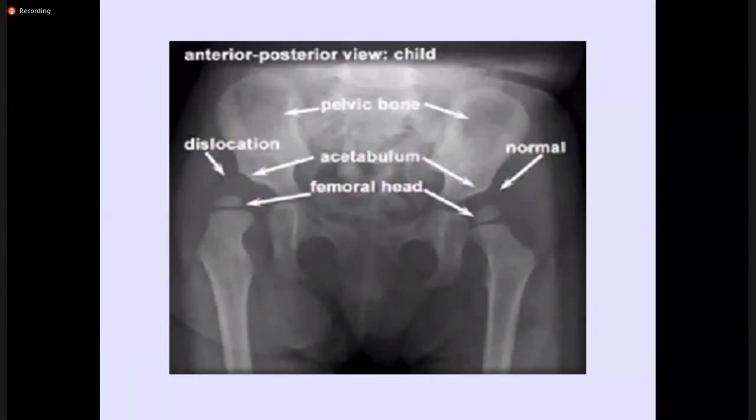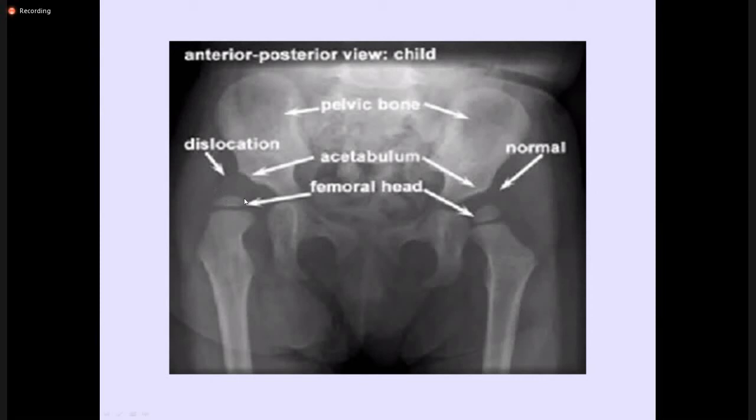If we look at the radiology, this is the acetabulum, and this is the head of the femur, which lies inside the cavity of the acetabulum. This is the femoral head, and this is a normal hip joint. If you look at the other femoral head, it turns outwards. This is dislocated.